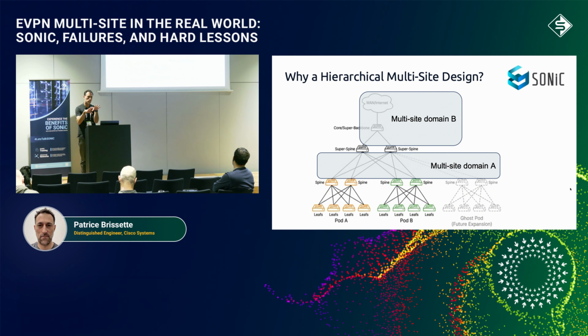I can make that work together by having something uniform in the multi-site domain A. So therefore, I can do anything, right? Because on the spine, which is my border gateway, I will do full termination and full decap of the traffic within the DC and full re-encap into a different domain.